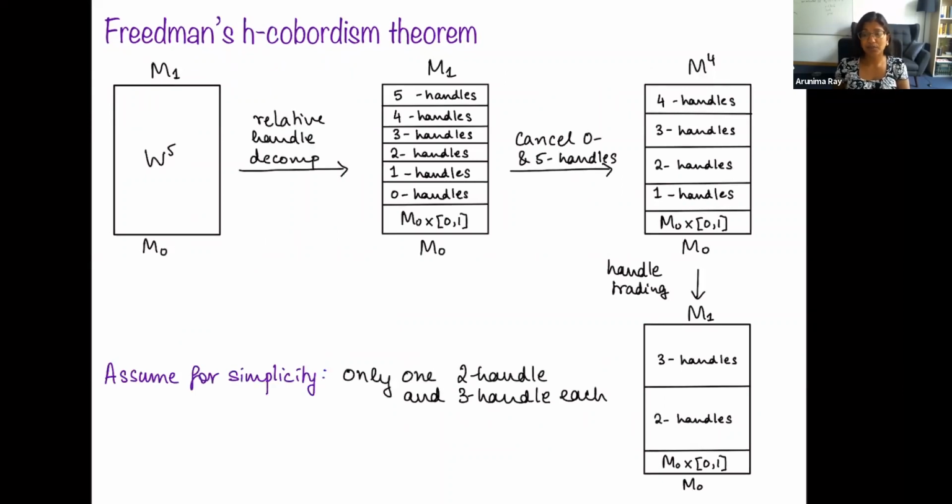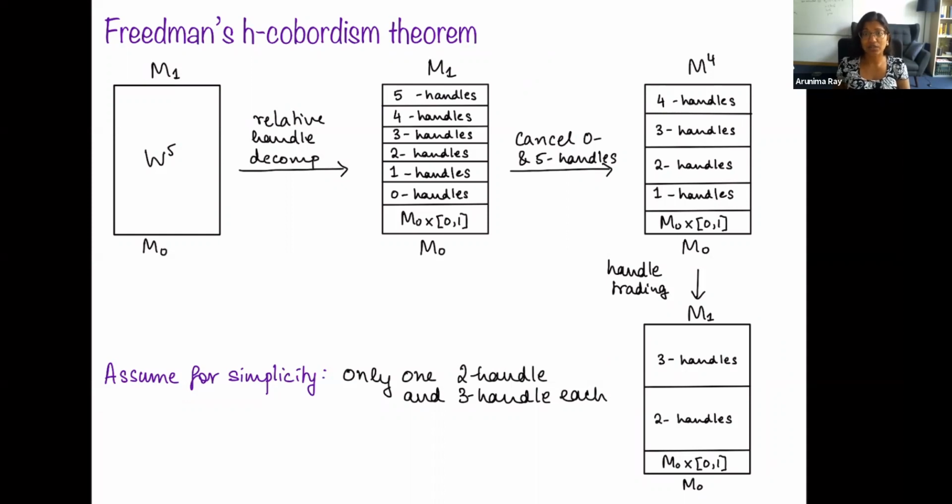The initial setup is now pretty familiar to us, so I'm going to essentially skate through this, just like we did in Smale's proof and in Wall's proof. We start with this h-cobordism W, and by pretty standard moves, we can assume that it has only 2-handles and 3-handles. I'm going to assume for simplicity of this video that there's precisely one 2-handle and one 3-handle.